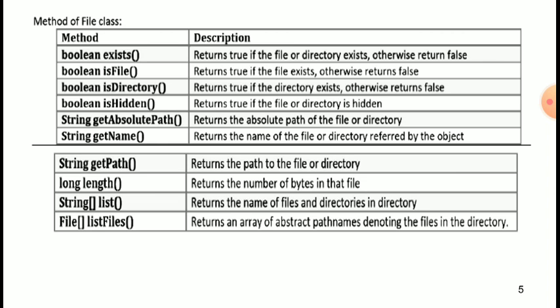String getAbsolutePath(): returns the absolute path of the file or directory. String getName(): returns the name of the file or directory referred to by the object.